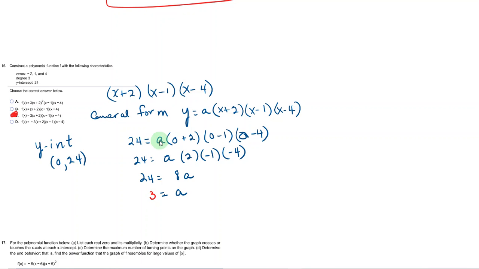So 24 equals a times 0 plus 2, 0 minus 1, 0 minus 4. So I have these three numbers times a. That ultimately gives me 8a. So now I have a is 3. So that allows you to choose the correct answer. So we needed to know that to come up with that number there.